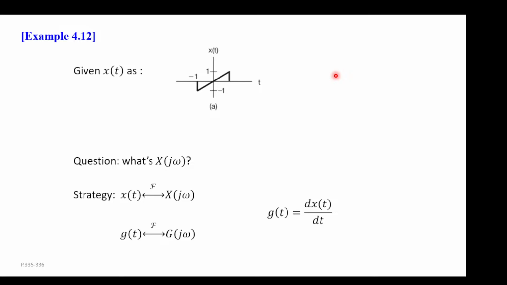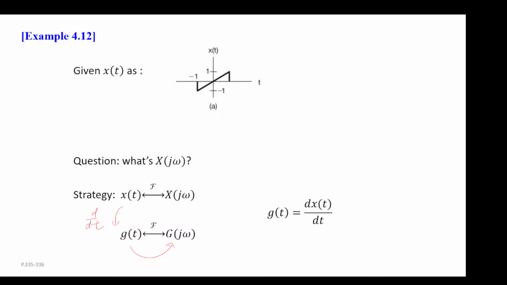We will try to use the differentiation and integration property to solve this. So what we do is we differentiate this, and so we have g of t equal to dx dt. We do d dt to get g of t, and then we do the Fourier transform, giving G of j omega.